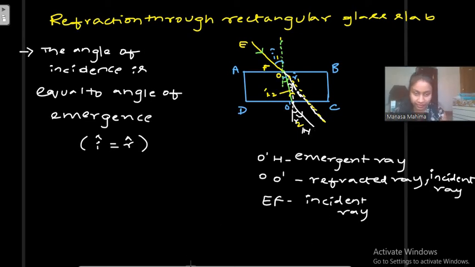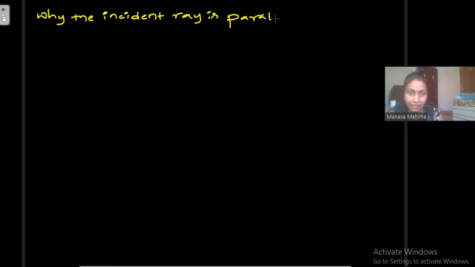Okay, I will write in one more page. Why the incident ray is parallel to the emergent ray. This is an important point which you have to note down. Okay, why?